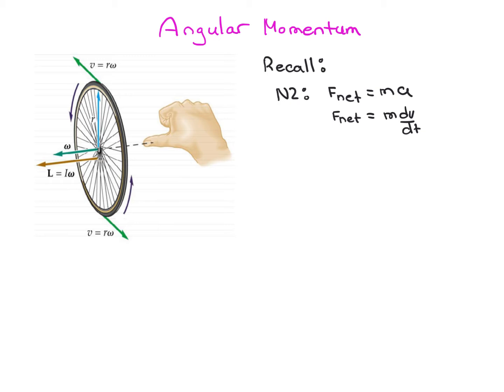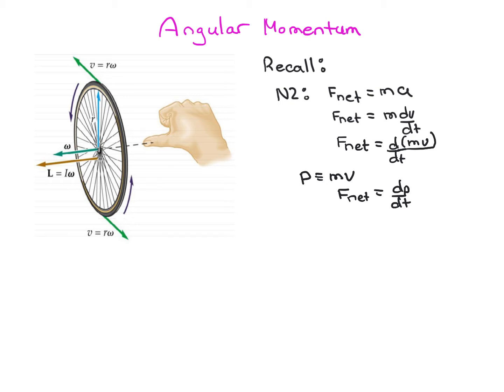And if we're just considering a single particle where the mass is constant, I can move the mass inside the derivative and rewrite this as F net is equal to d/dt of m times v. We defined the momentum of the particle as the product of the mass times the velocity, and that enabled us to write the second law as F net is equal to dp/dt.